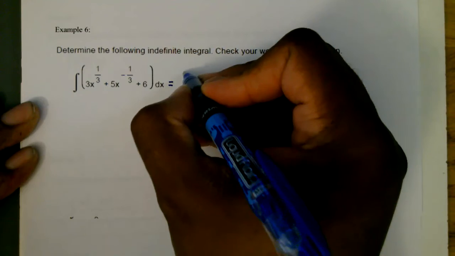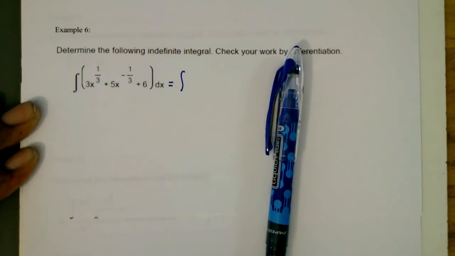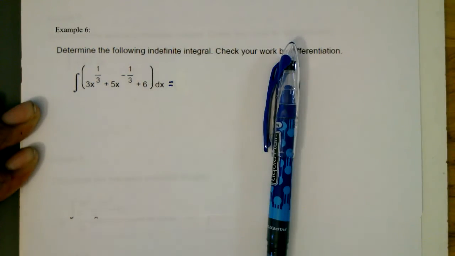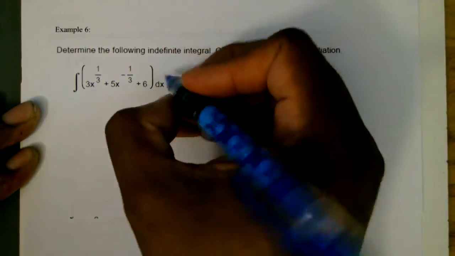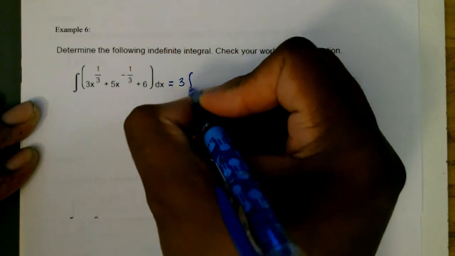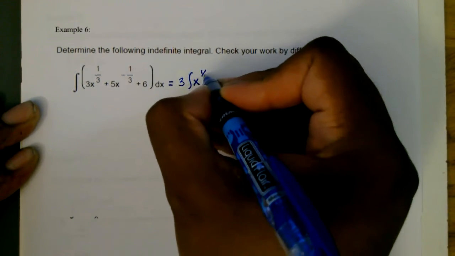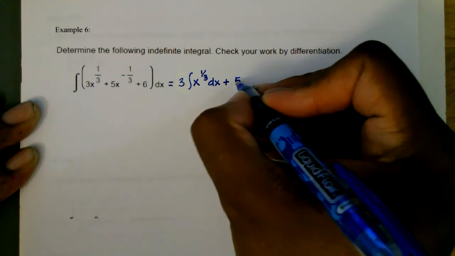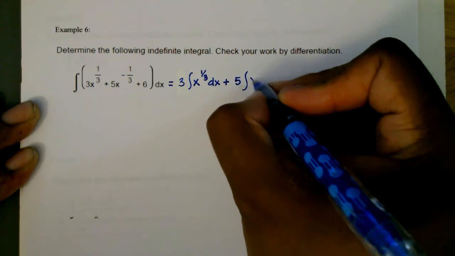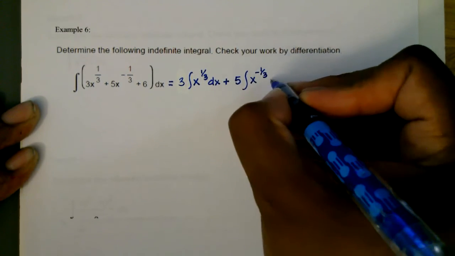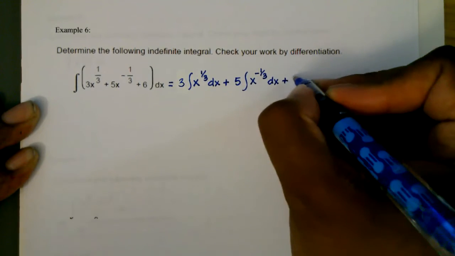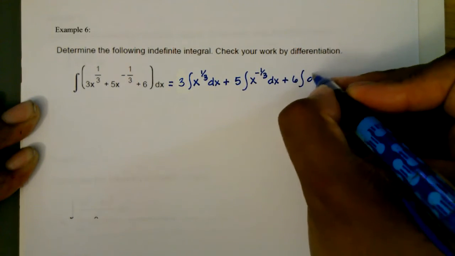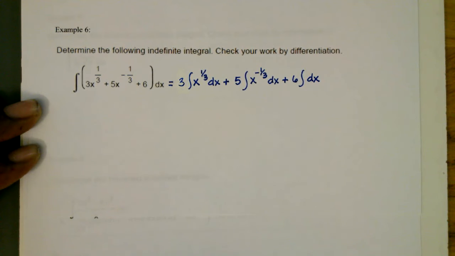Let me pull the 3 out in front before I do anything. Using the constant multiple rule, I'll pull the 3 out in front times the integral of x to the 1/3 dx plus, let's pull the 5 out in front times the integral of x to the negative 1/3 dx plus 6 times the integral dx.